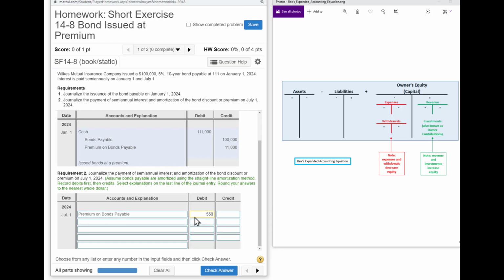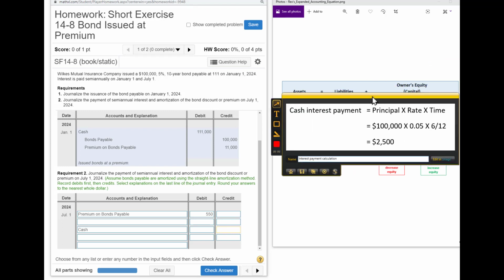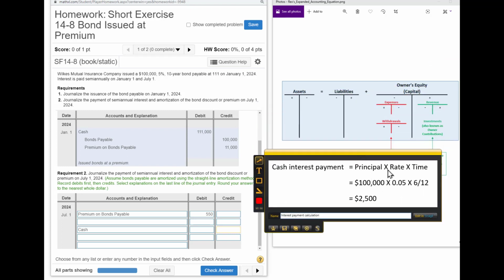We also know, because this is the payment of semi-annual interest, we need to pay cash. So I'm going to skip a line, and you'll see why in just a bit. And cash is going to go down, so we have to calculate the cash amount. The formula is principal times rate times time. So we have 100,000, which I get from here, times 5%, 0.05, which I get from here.